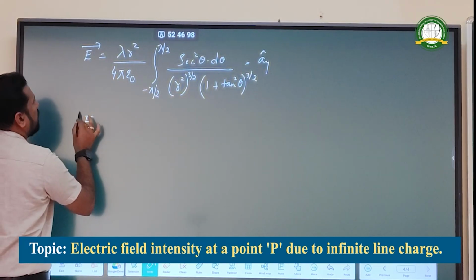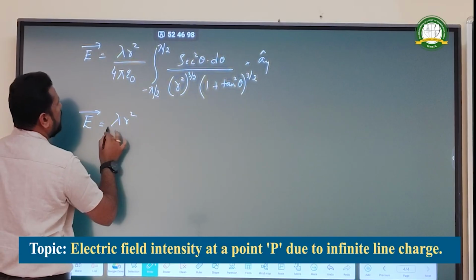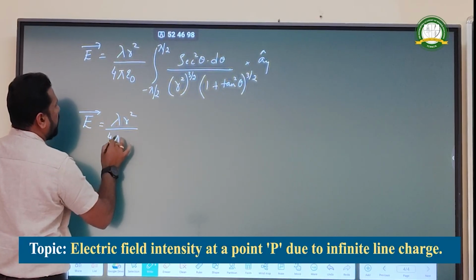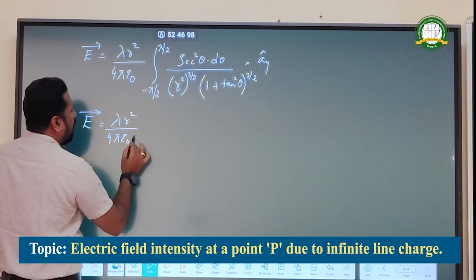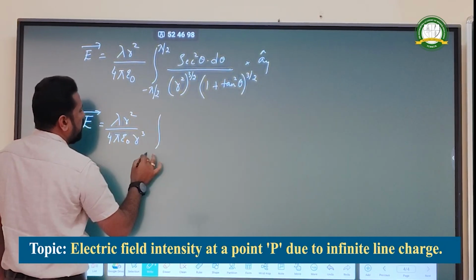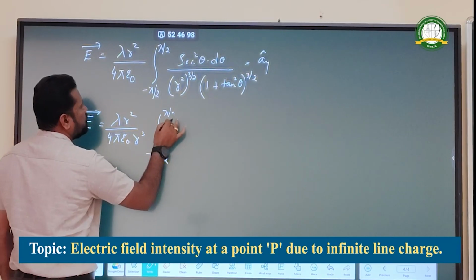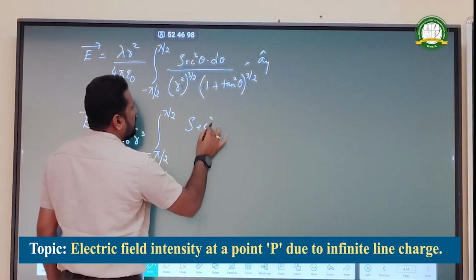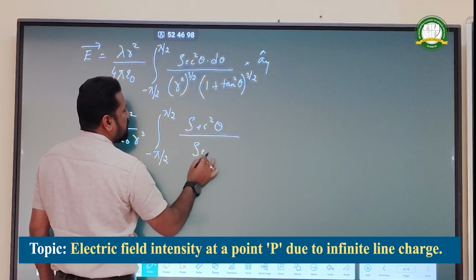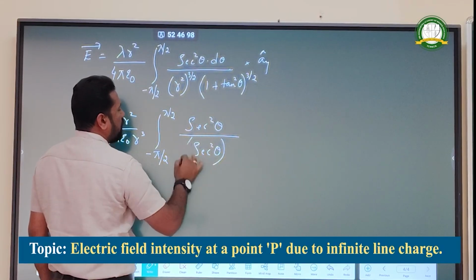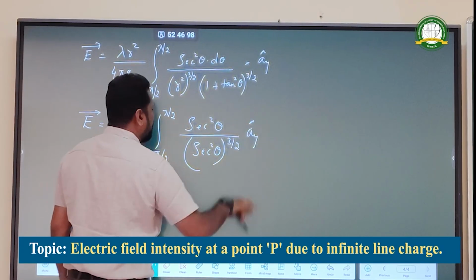So E vector is equal to lambda r square divided by 4 pi epsilon naught. Here r square gets cancelled, leaving r cube, integration from minus pi by 2 to pi by 2 secant square theta divided by 1 plus tan square theta, which is nothing but secant square theta whole to the power of 3 by 2, into ay cap.